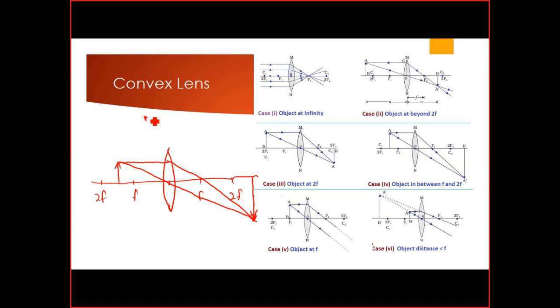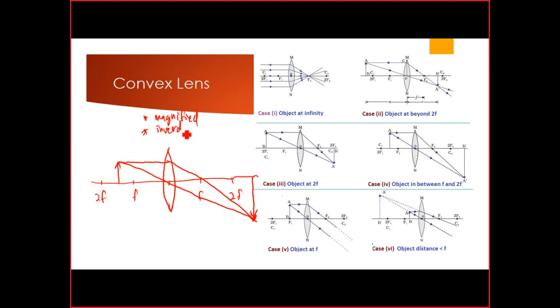So let's look at the characteristics. This image is very big compared to the object. It is magnified, and it is over here, so it should be real. And this is inverted.